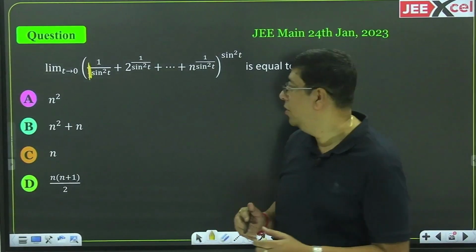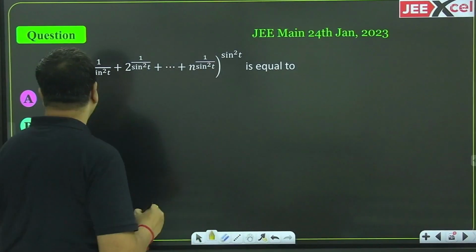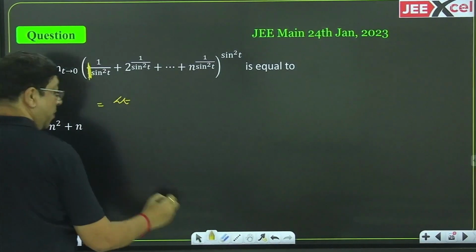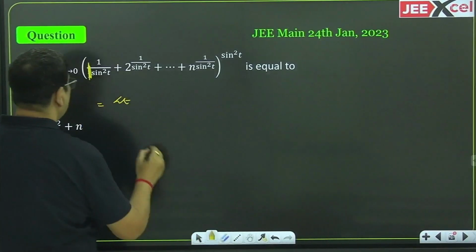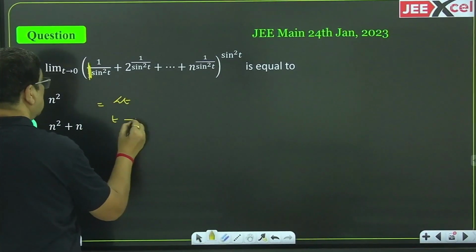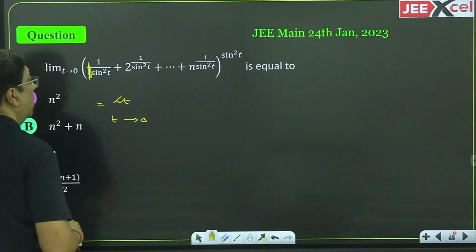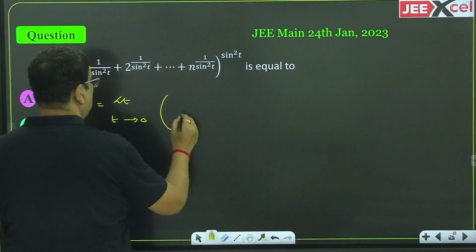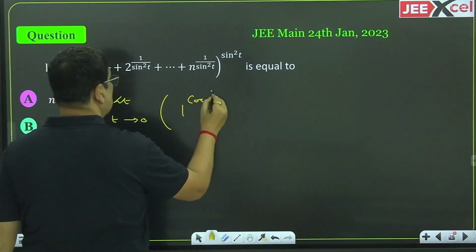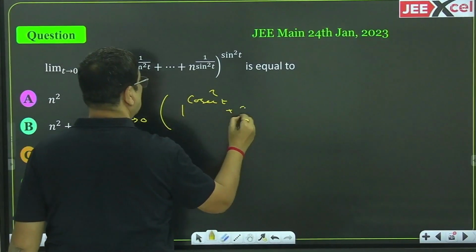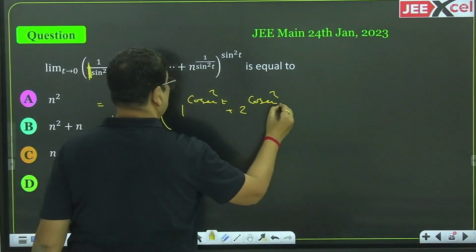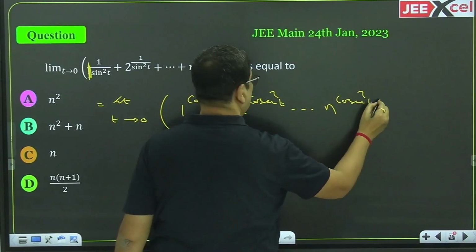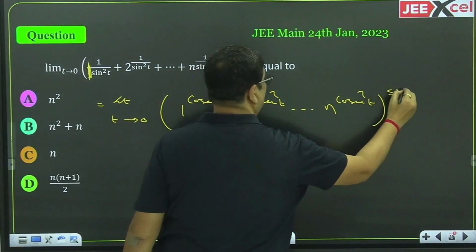Okay, so let us solve it. So 1 by sine square t, that is cosec square t. So in this case, what to do? Same concept, whatever we have done previously. So limit t tend to 0, let us do 1 by 1. 1 to the power cosec square t plus 2 to the power cosec square t dot n to the power cosec square t, whole to the power sine square t.